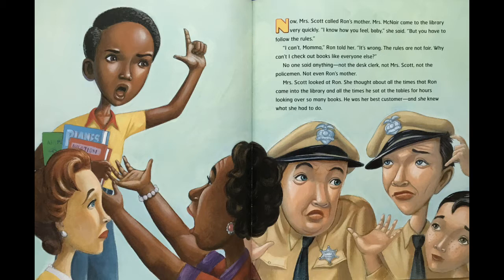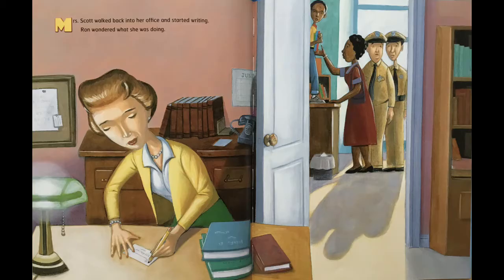Mrs. Scott looked at Ron. She thought about all the times that Ron came into the library and all the times he sat at the tables for hours looking over so many books. He was her best customer, and she knew what she had to do. Mrs. Scott walked back into her office and started writing.